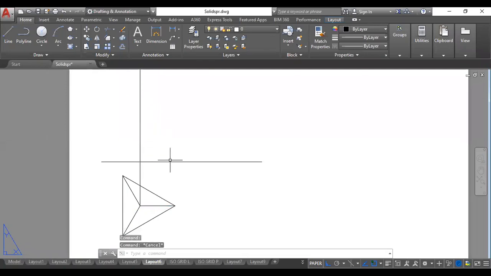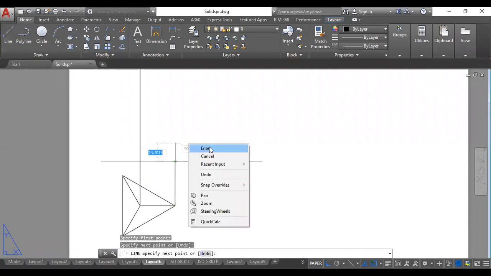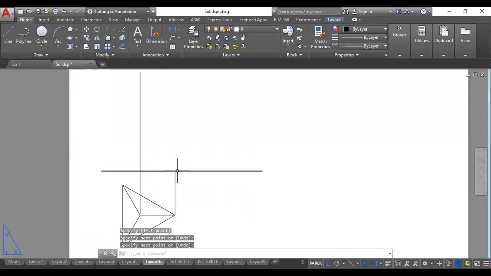So this slant edge will give me the length in the front view. For that, I take a line command from here and project it till here. Now from here, I need to cut an arc of 45 length. The edge length is 45. So from this as the center, with 45 as the radius, I need to cut on this particular axis line.